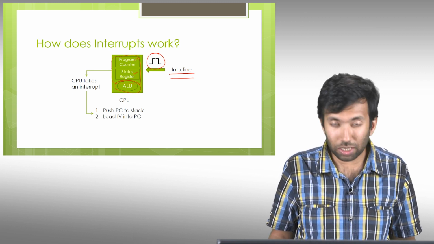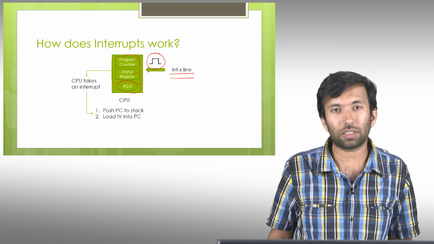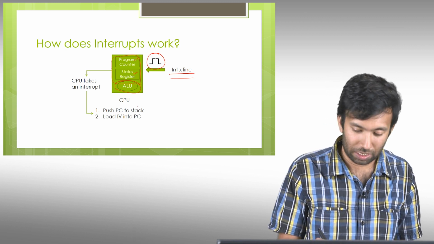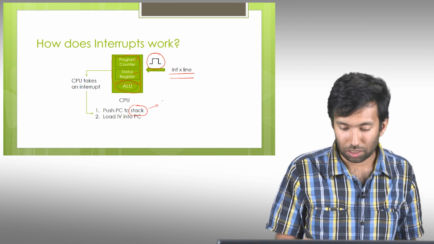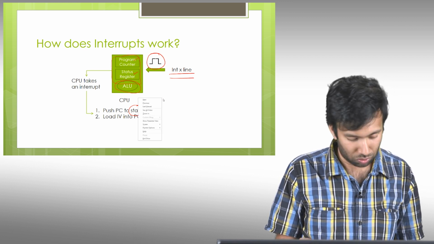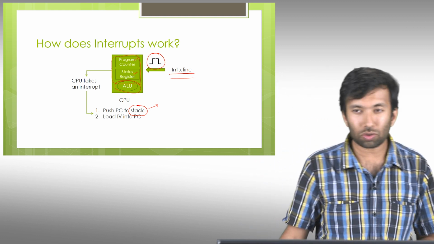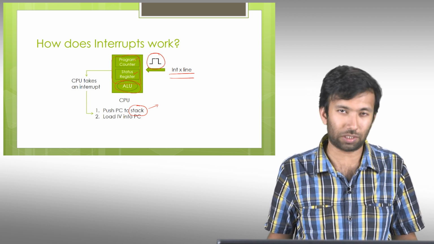What does the CPU do next? It takes the program counter and pushes it into the stack. Now, what is a stack? This concept you will get in the Principles of Programming Languages course. A stack is a part of a program where it stores local variables, function frames and a lot of other things.